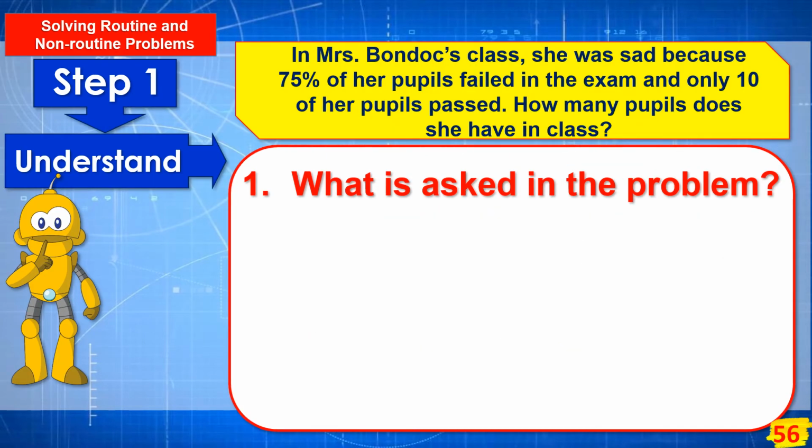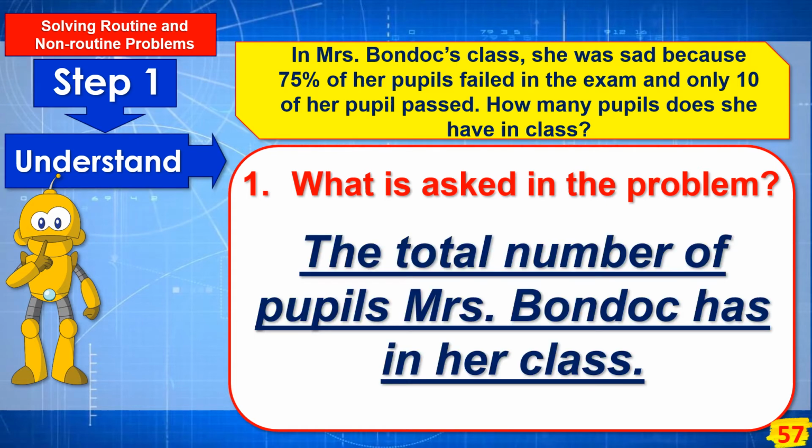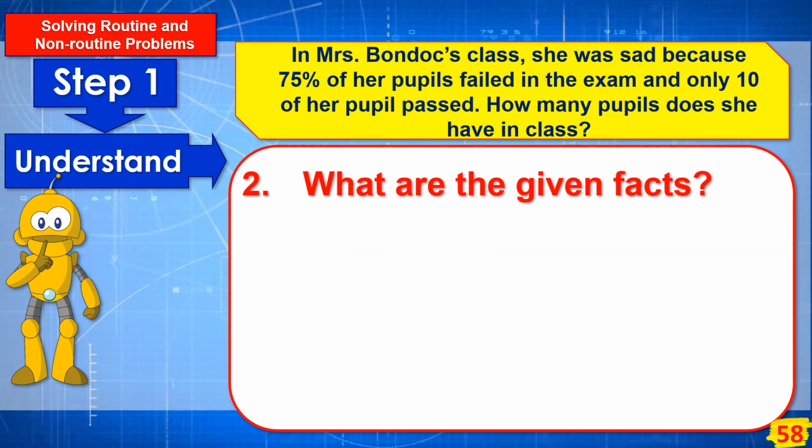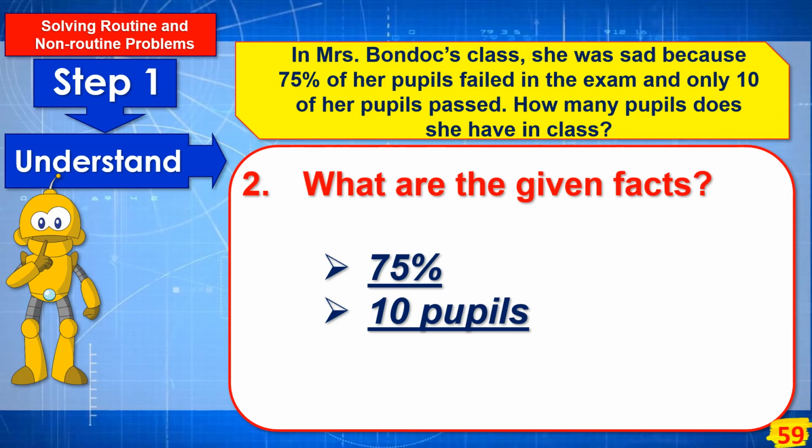Step number 1, understand what is asked in the problem. If your answer is the total number of pupils Mrs. Bondoc has in her class, you are correct. Next, what are the given facts? If your answer is 75% of her pupils failed and only 10 pupils passed in the test, you are right.